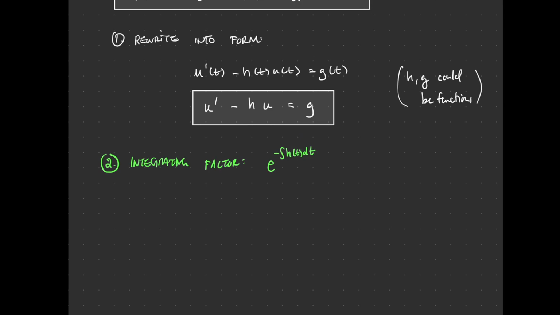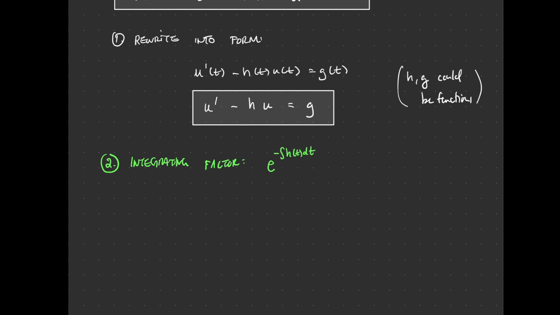So the antiderivative, and you need that negative sign because you need to negate it, of whatever this is. It can be any antiderivative, so you're just going to choose the nicest one, meaning it doesn't have a constant of integration. That is what you choose to multiply both sides by.